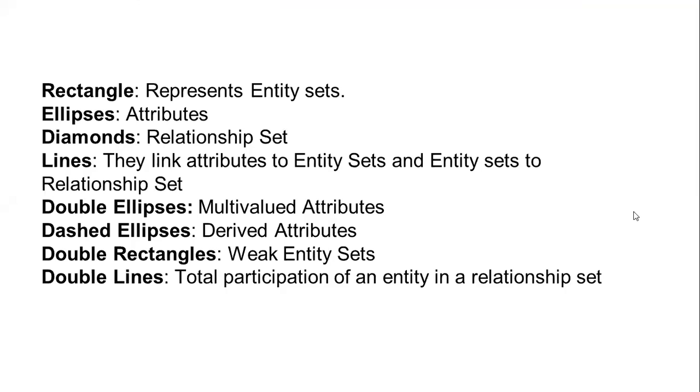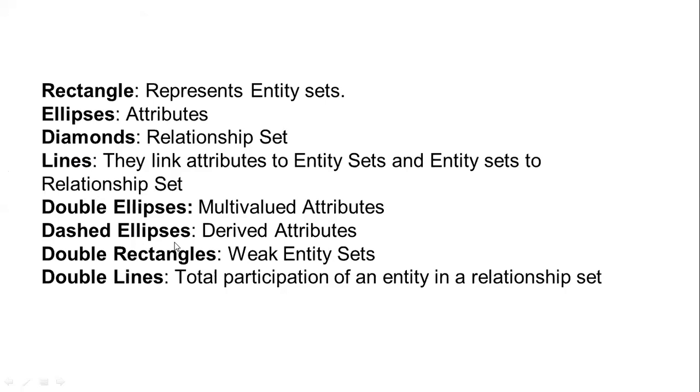So next, some naming conventions used to represent a particular ER diagram. Rectangles are used to represent an entity. Ellipses are used for an attribute. Diamonds are used for a relationship. Lines link the attributes and entities with the relationship. Then a double ellipse is known as a multi-valued attribute.